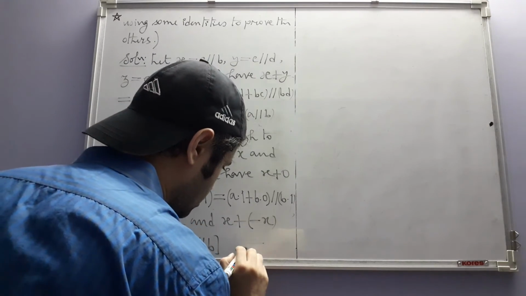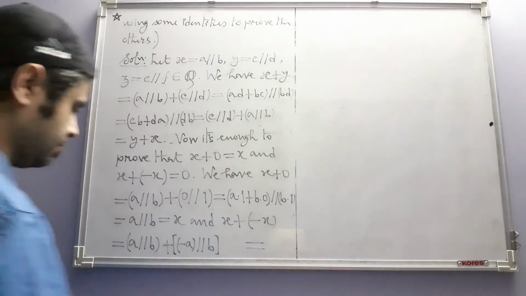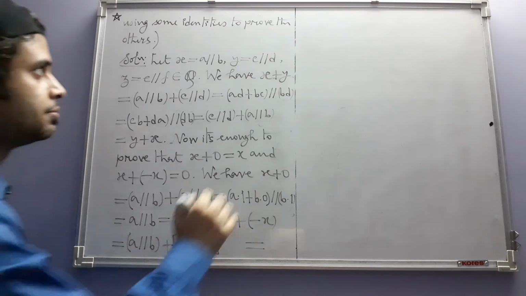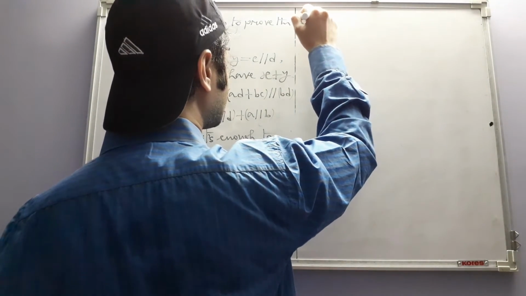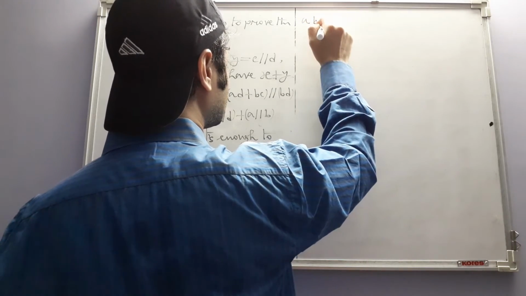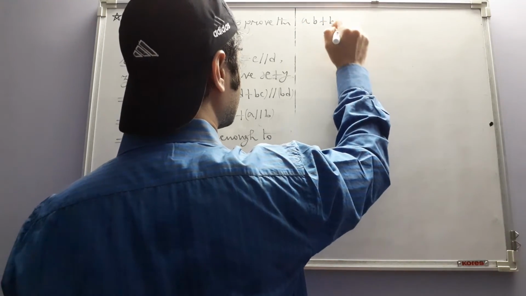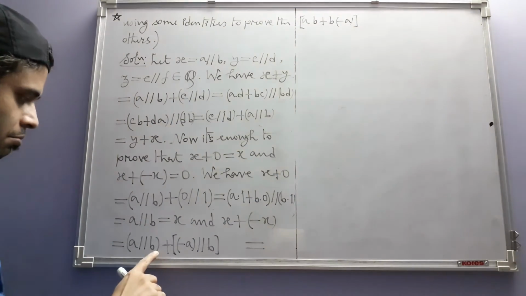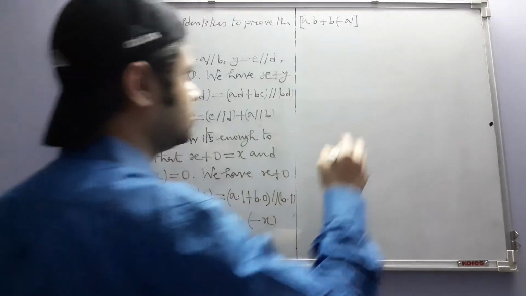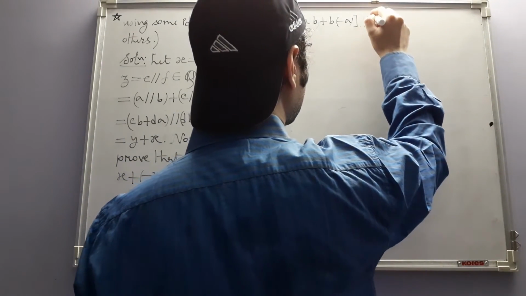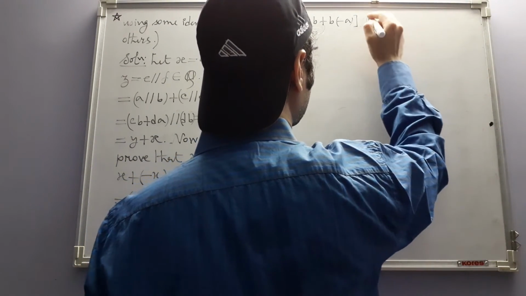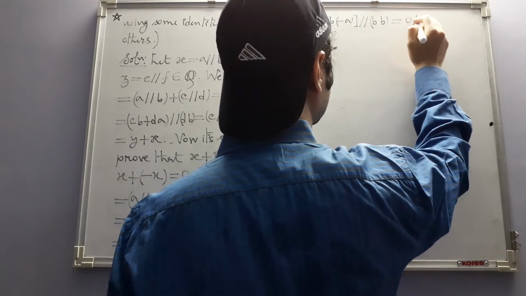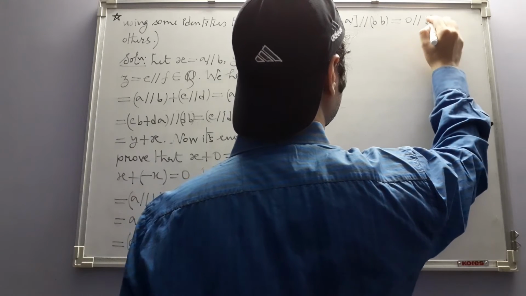So this is equal to a times b plus b times minus a by b times b. So this gives us 0 divided by b.